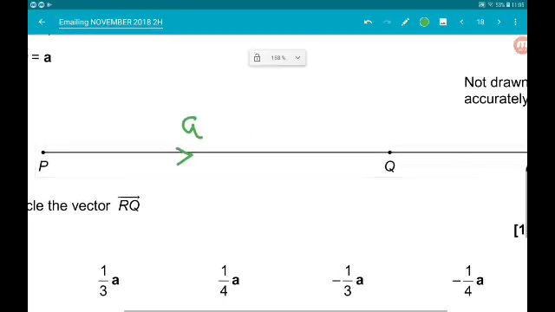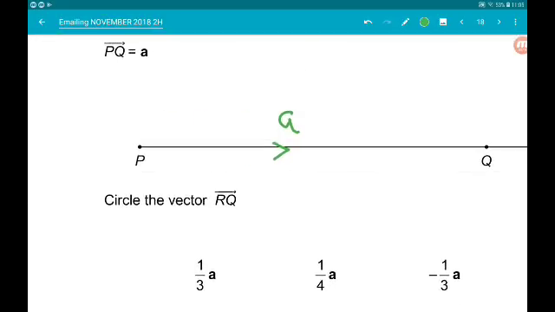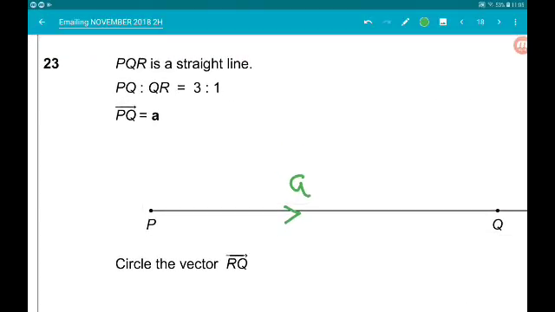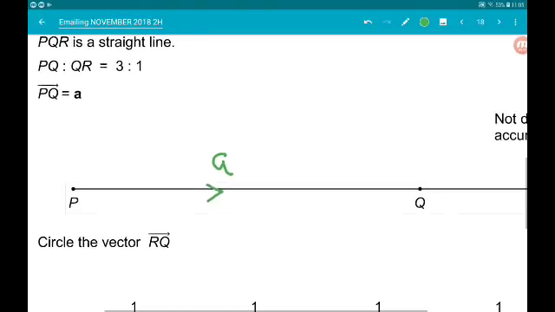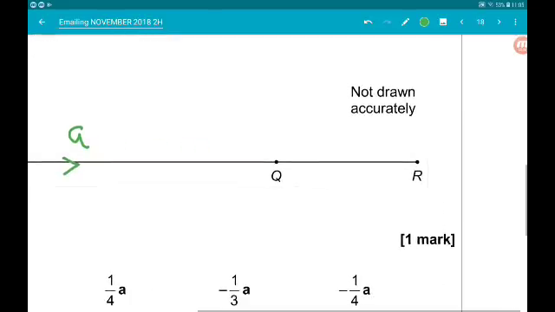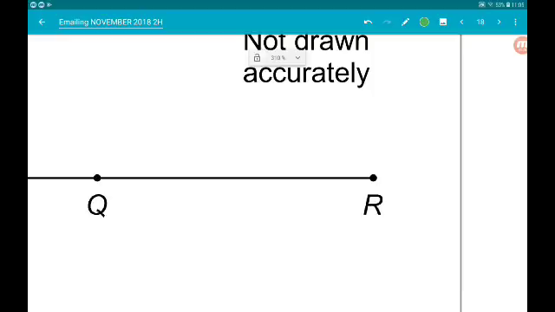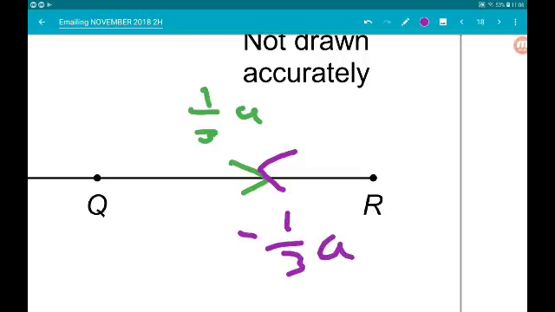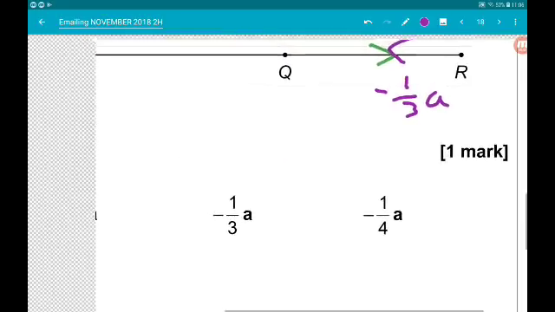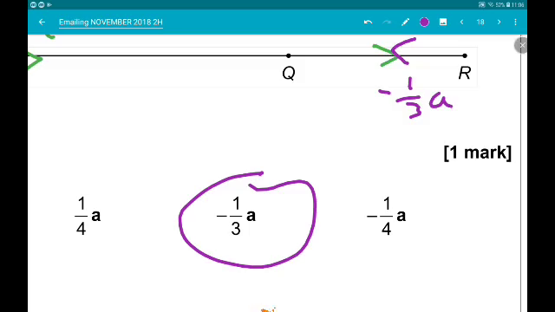Now we know that P to Q is 3 times longer than Q to R. So, that means to get from Q to R, we would go 1/3 of a, but we want the vector R to Q. So R to Q is going negatively along 1/3 a. So it's minus 1/3 a. Cool.